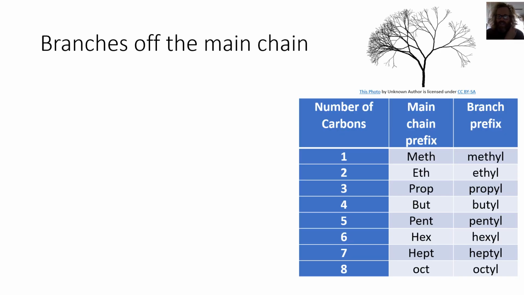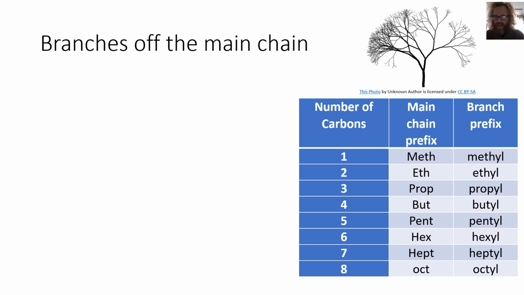So we were briefly looking at ones that were just straight chains, so there was nothing coming off them. But organic molecules are generally more complicated than that. And one way they can be more complicated is when they have other branches, so carbon chains that come off that main chain, just like a tree with branches off the main chain.